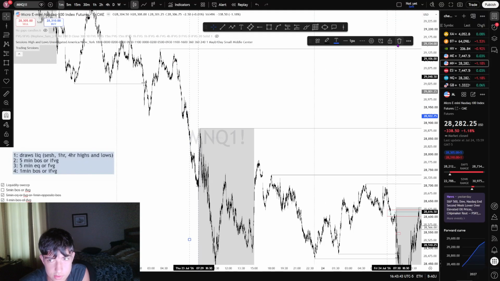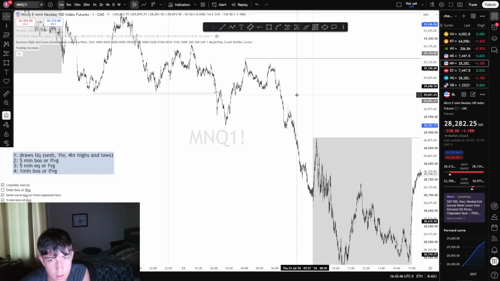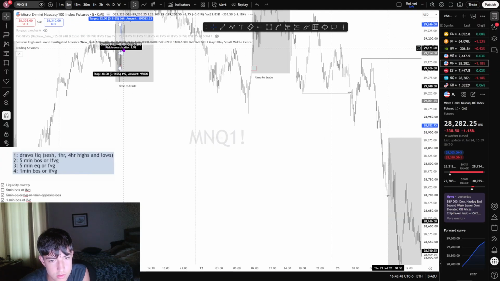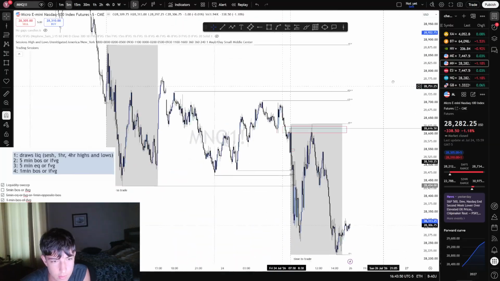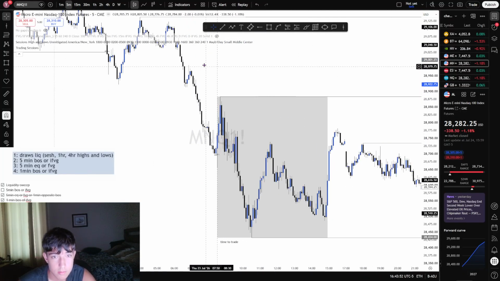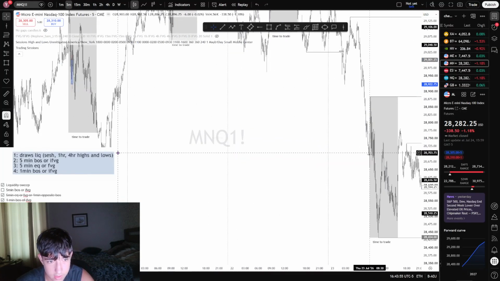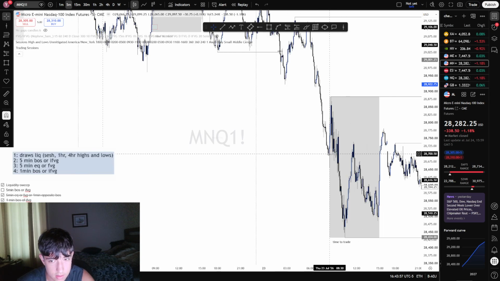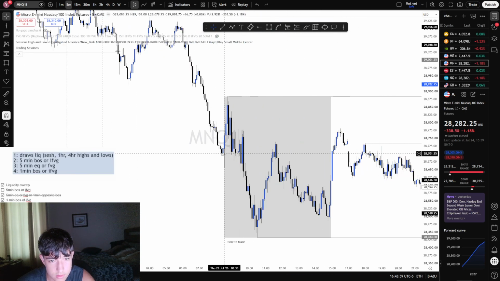Pre-market, this whole time it was just going down. 5-minute manipulation. So what do we want to see here? We want to see a pullback, because there's nothing to sweep this, but it's kind of the slow.